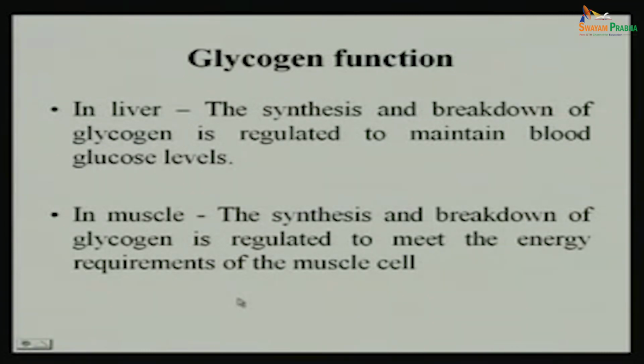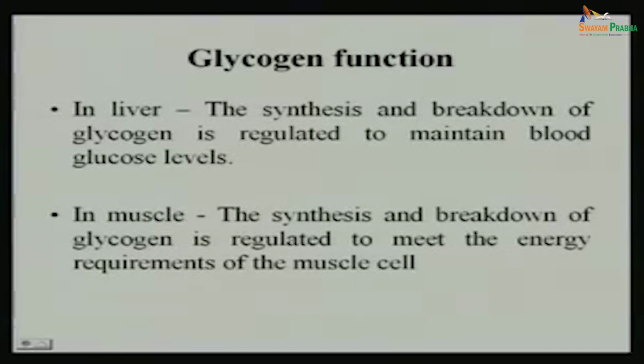That means glycogen is playing a significant role to supply glucose in different parts of the cell. Glucose in the form of glycogen is stored in the liver cell or muscle, and it is released, and glucose is giving energy to the muscle.